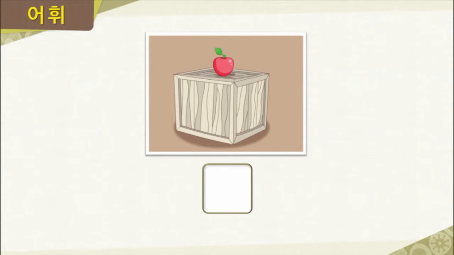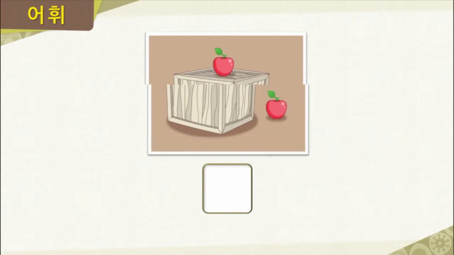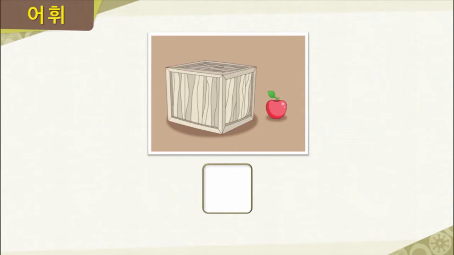Now, where is the apple in this picture? It's on top of the box, so we would use the word 위 to tell us that it's on top. How about this time? Where is the apple this time? You can see that it's next to the box, so what word do we use to indicate that it's next to the box?